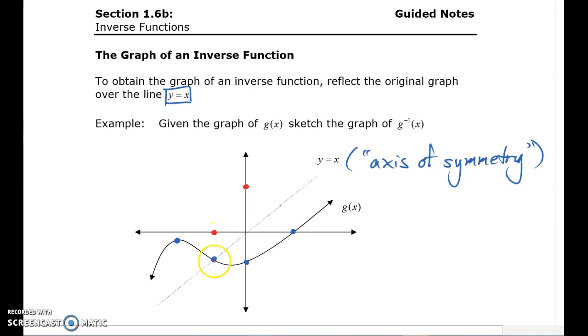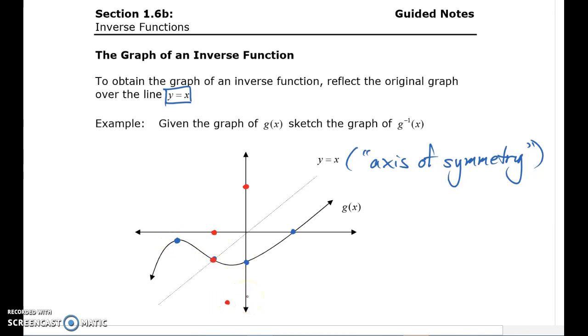This point is on the axis of symmetry, so it doesn't go anywhere. And then lastly, this point appears to be roughly (-6, -1). Flip that, becomes (-1, -6). So it's somewhere here, roughly.